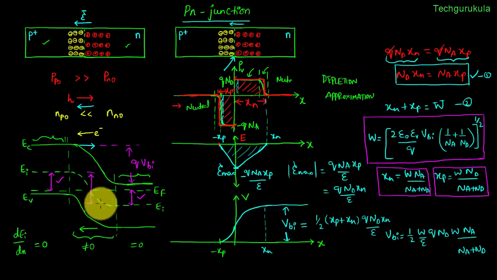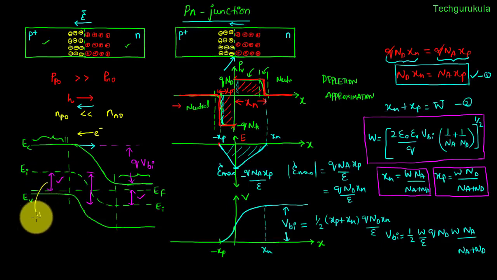And we know the values of these two, where this value is given by KT times ln of Pp0 by ni, which can be written as Na over ni. And this value is given by KT ln of Nd over ni.